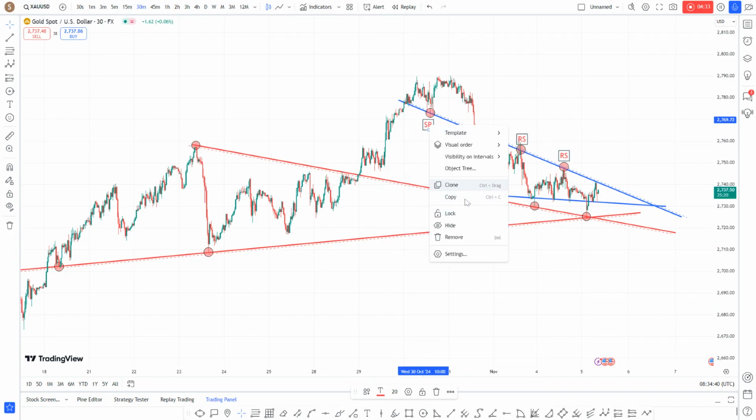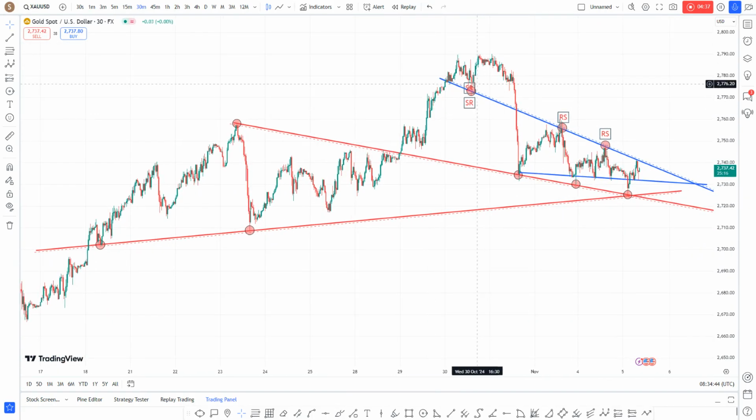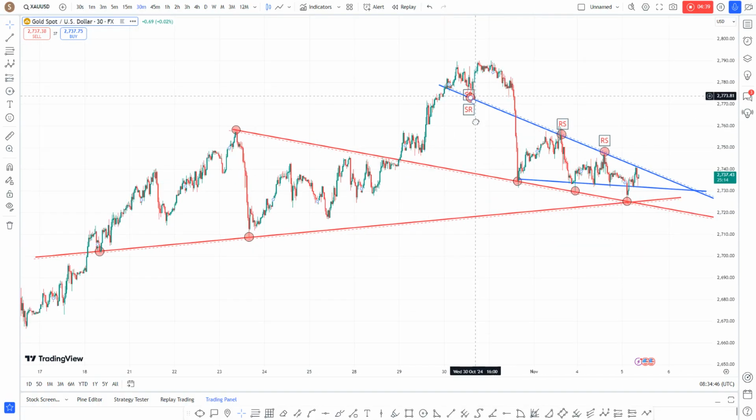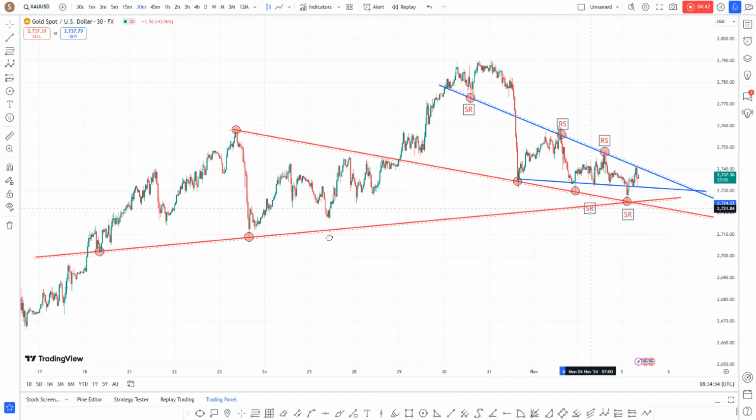We have multiple resistance structures at the bottom where we watch out and see what price does. We have SR, support become resistance and breakage structure. We have another support become resistance and breakage structure, and we have support become resistance and breakage structure.